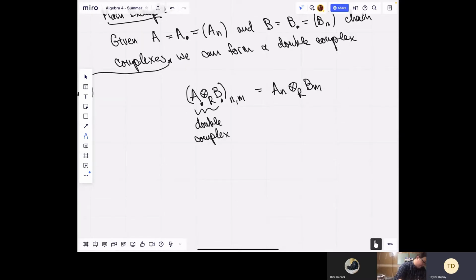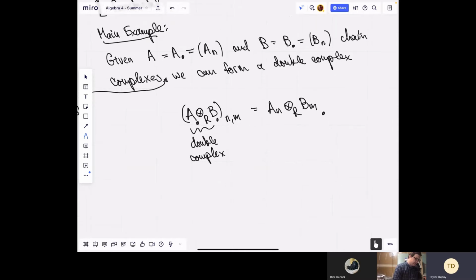This is a double complex, and the signs might need to be flipped a little bit. Actually, I think this is good, this is fine, because we defined our double complexes to be chain complexes in both directions.